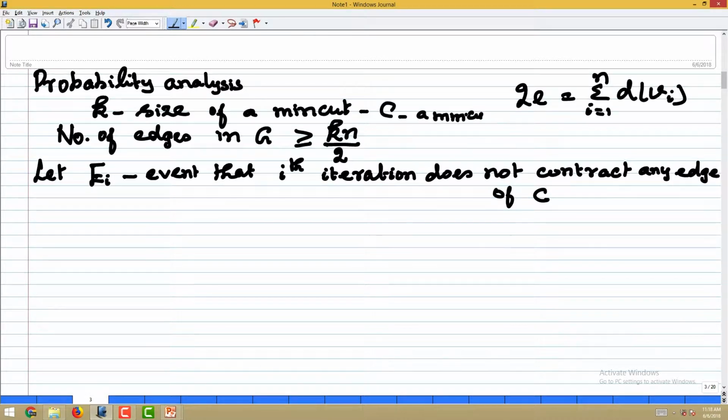Okay. Now, can you define probability of success in terms of Ei?